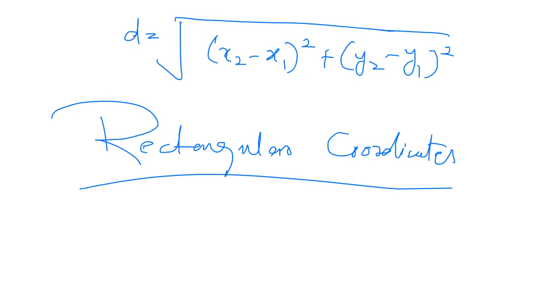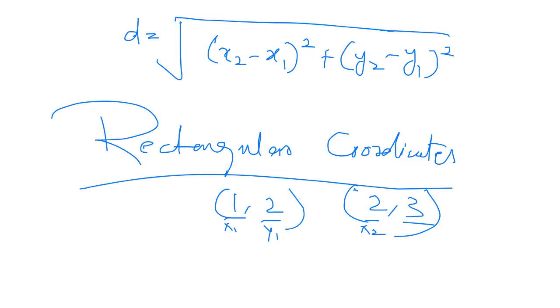But I think that is not included in your course. So if it comes like this, you have to use this formula. Any points given, for example 1 and 2, and 2 and 3, so this is x1, this is y1, this is x2, this is y2. So substitute these values and you can get it.